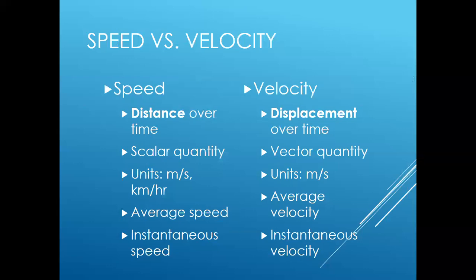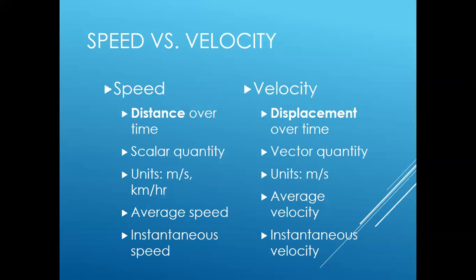Average speed is the distance traveled divided by the time it took to travel that distance. That's typically what we think about when we calculate these values. Same thing with average velocity. Okay, displacement of your movement divided by the time it took to achieve that displacement, average velocity. So it's usually over some period of time.